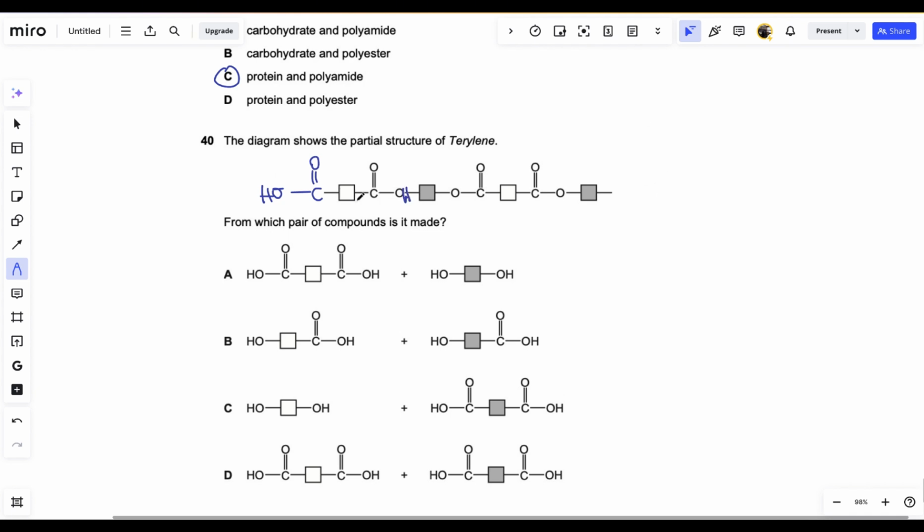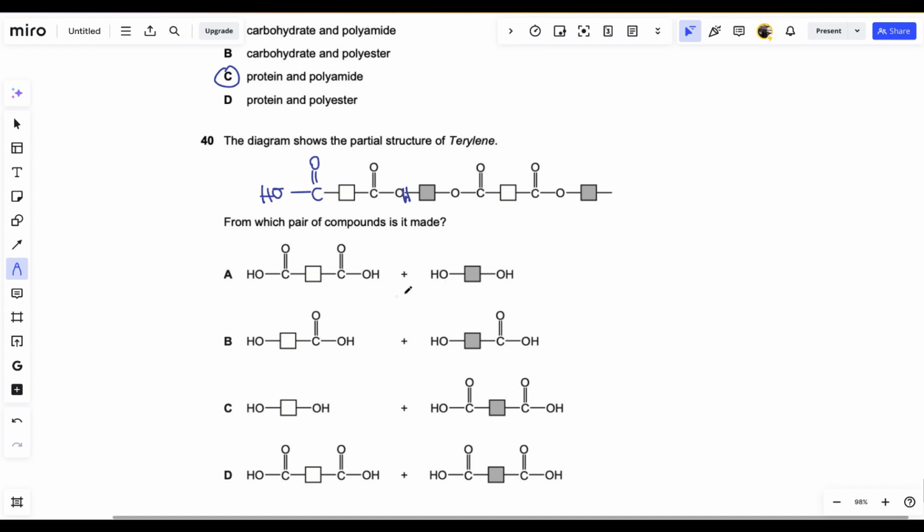So it's a carboxylic acid, and the other one is what? This other one, O to O. In this case, hydrogen is removed from the structure. So this one will be the shaded one, and you just put hydrogen here.